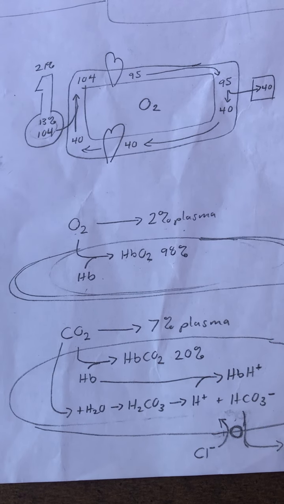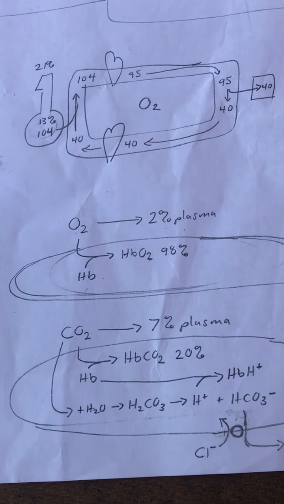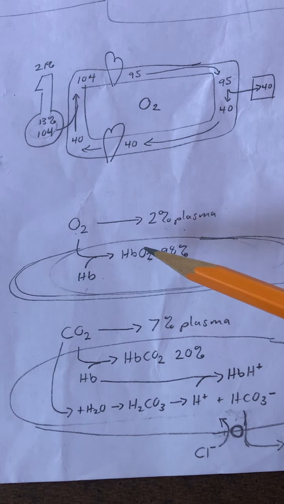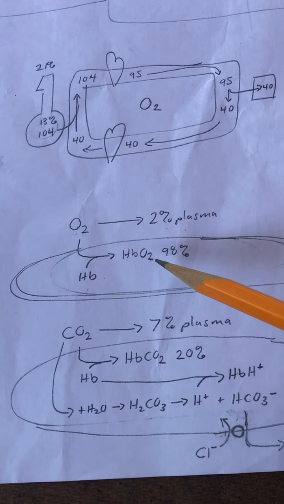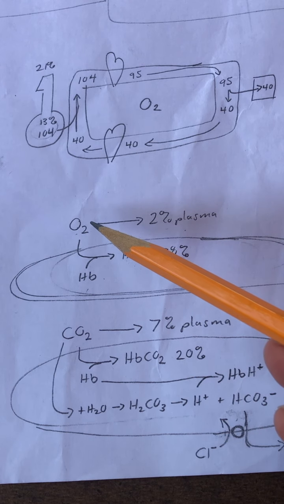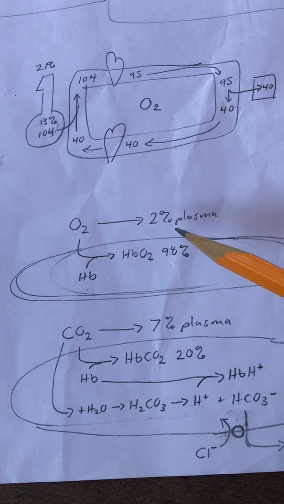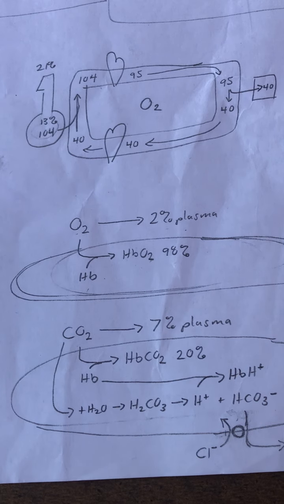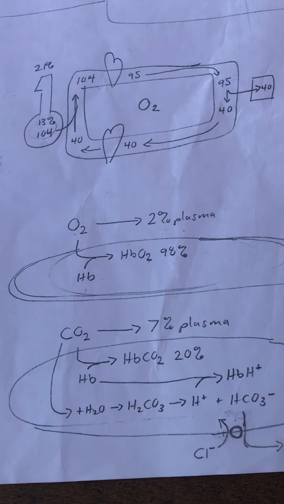Next to the hard-working cells, you would just reverse all this. The oxygen would come out of the plasma and diffuse over towards the interstitial fluid and the hard-working cells, and the oxyhemoglobin would dissociate, unload the oxygen, which would then diffuse out of the red blood cell into the plasma and over towards the interstitial fluid. So that's simple right there.